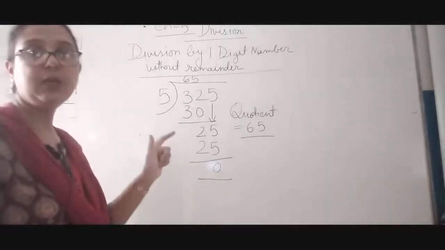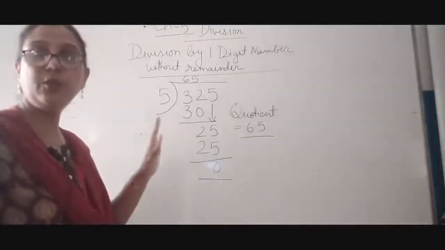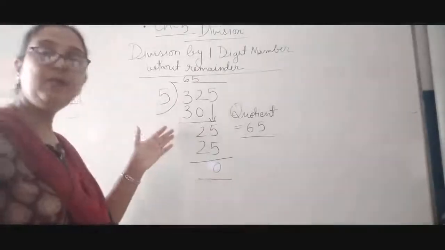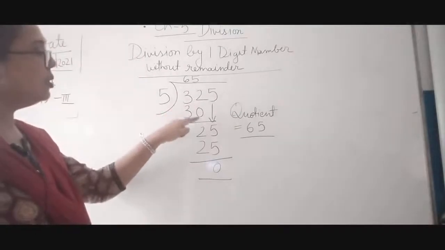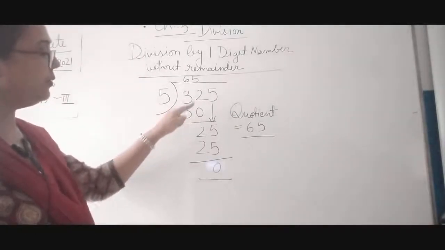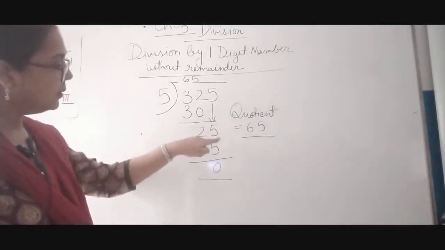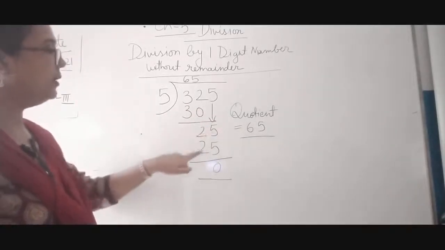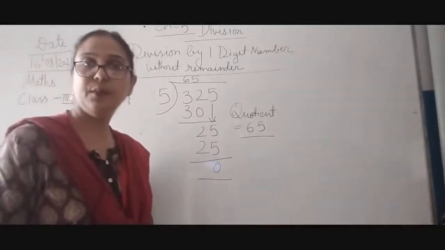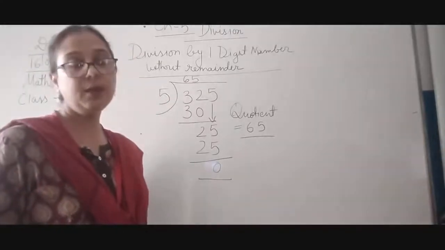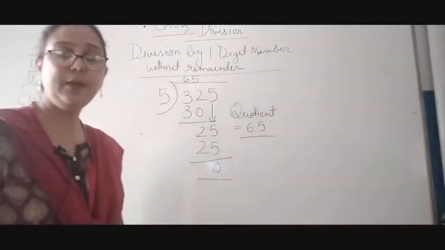Because the 3 is equal, we will not subtract, we will get 0. 2 minus 0 we get 2, and now we bring the 5 down, and 5 fives are 25, this is 0. So you can see the remainder is 0. That is how we can do this.